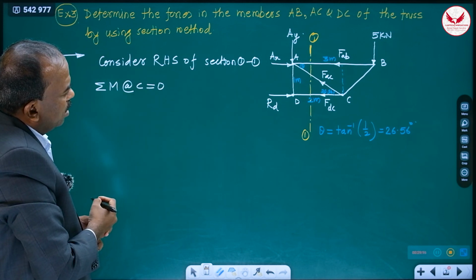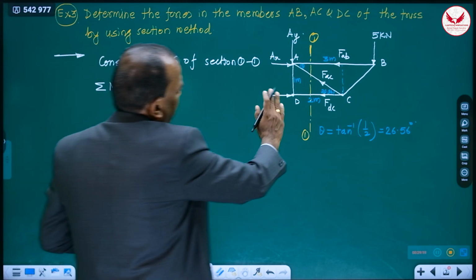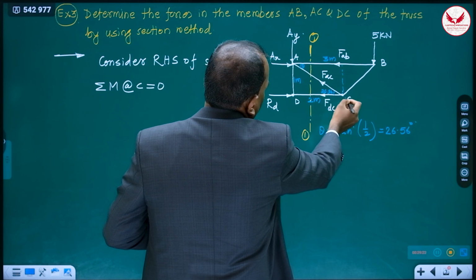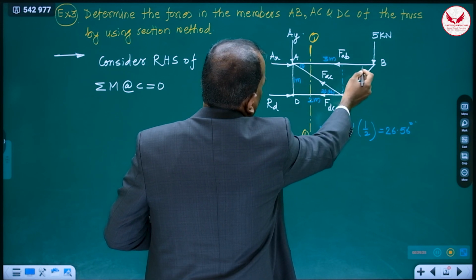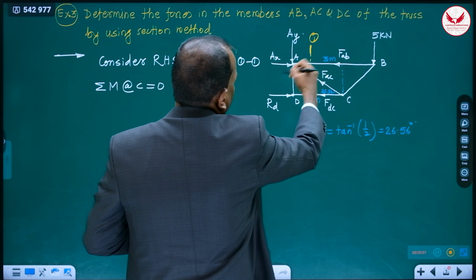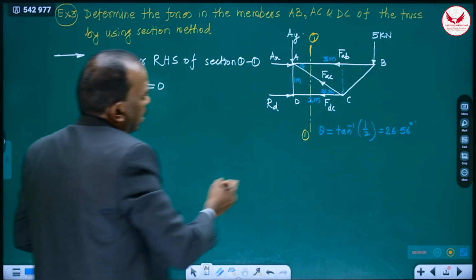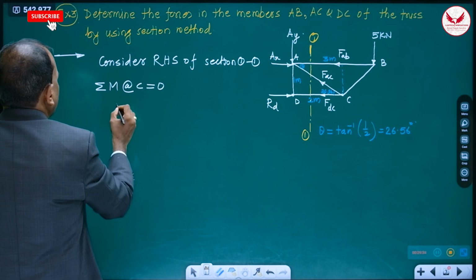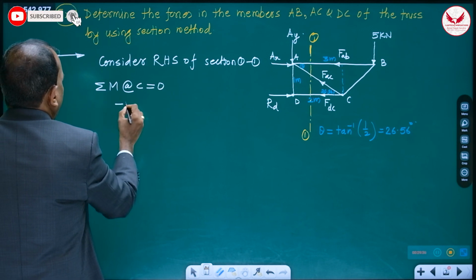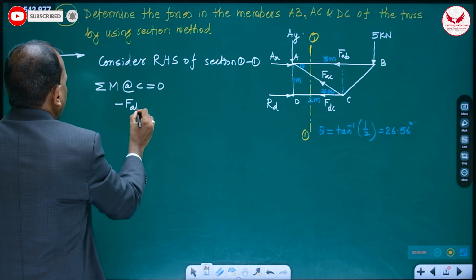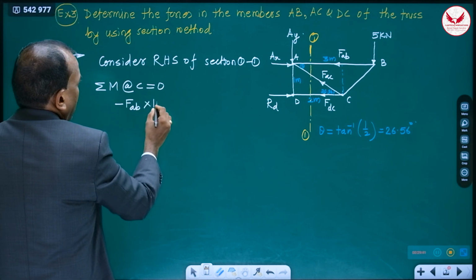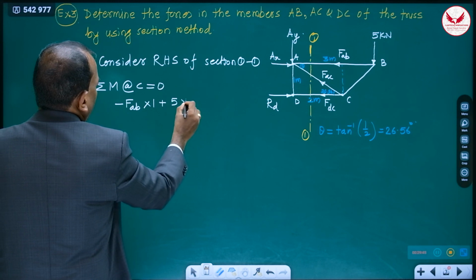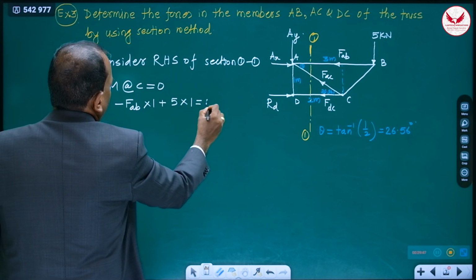And the moment about C, so only this right hand side we have to consider. The moment of these two forces is going to be 0. The moment of this FAB is anti-clockwise, moment of 5 is clockwise, means minus FAB into 1 and plus 5 kilonewton, 5 into 1 also, it is equal to 0.